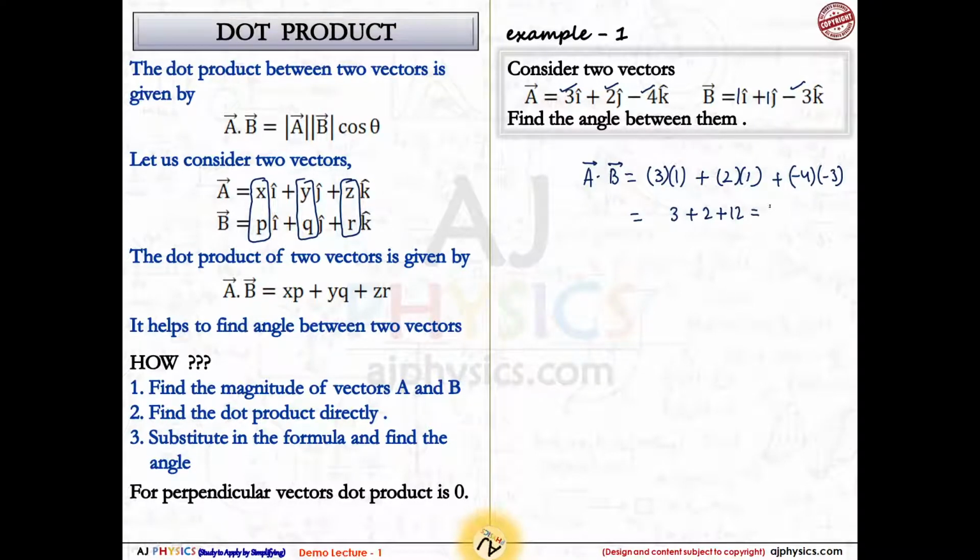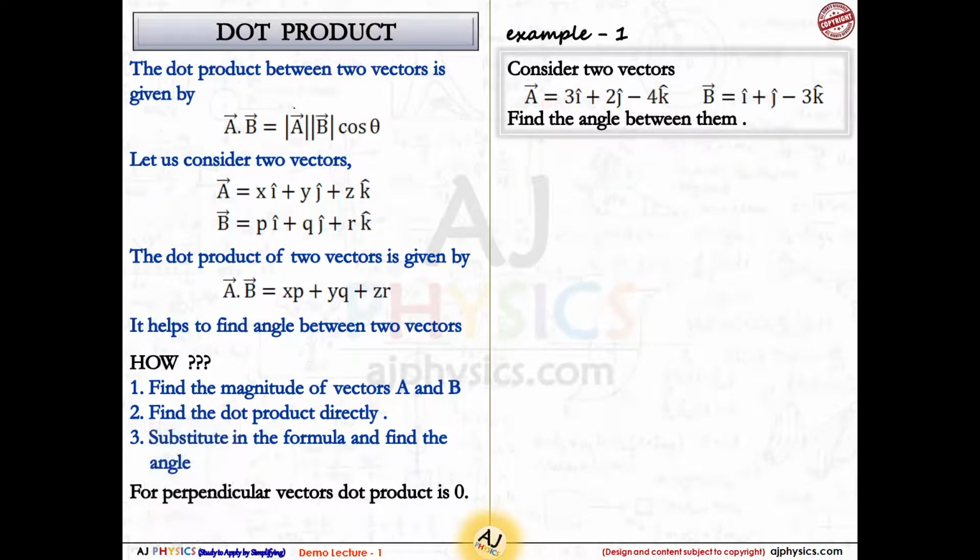So this will be 17. This is the way you find the dot product, a vector dot b vector. And I think I have already told you how to find the magnitude. Now what is the use of this dot product? Let's consider these two vectors, a and b.